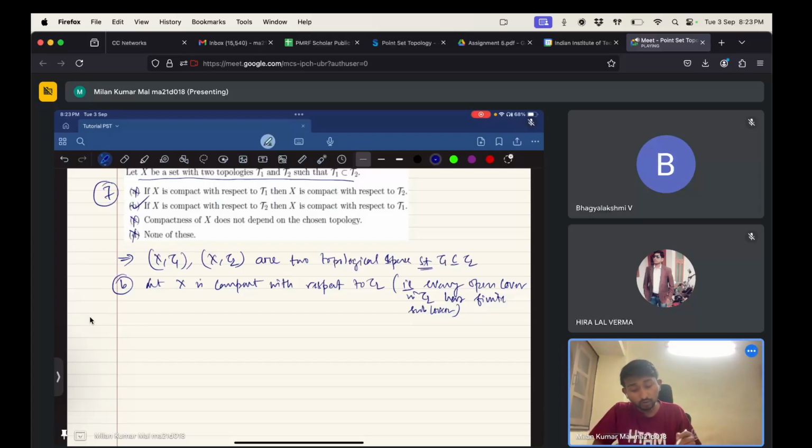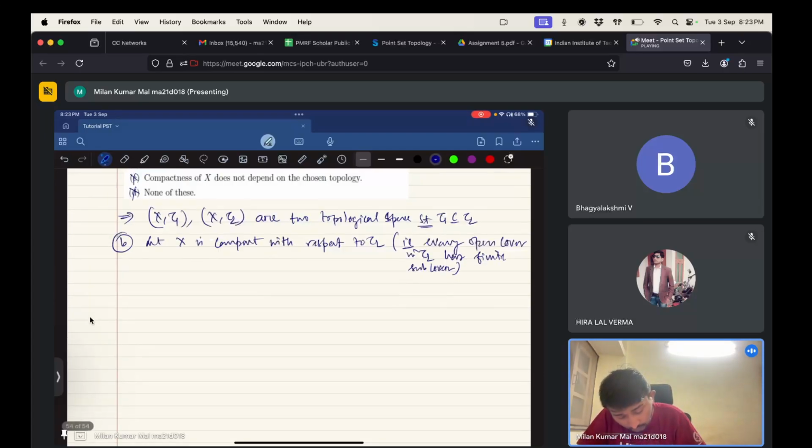Now, given that X is compact with tau 2, we will check whether X is compact with respect to tau 1 or not.